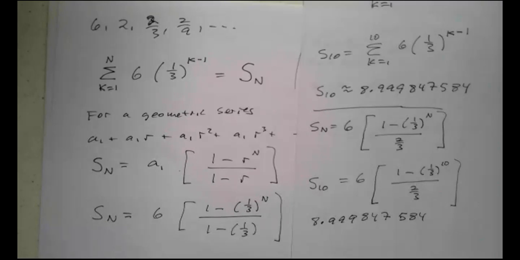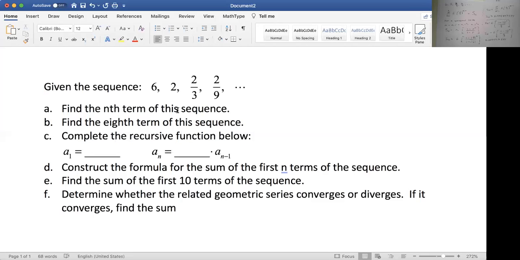All right. And what else do I have to answer on this question? Determine whether the related geometric series converges or diverges. Well, if it converges, that means if we add it up to infinity, we're going to get a single solution. So what do we know here?